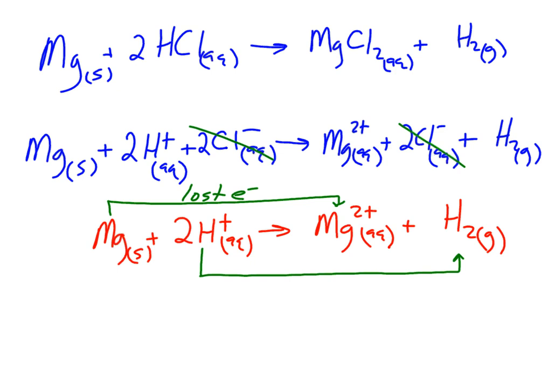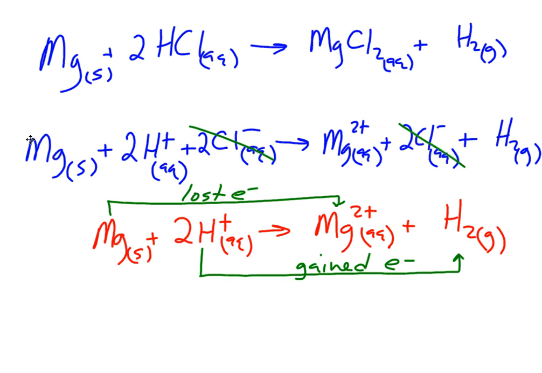Now the hydrogen is neutral, so the hydrogen must have gained electrons. Each hydrogen gaining 1 electron. So that loss of electrons by the magnesium is equal to the gain of electrons by the hydrogen. This shouldn't be too surprising to us.